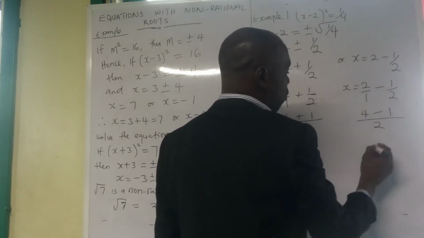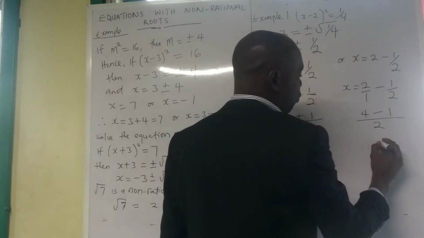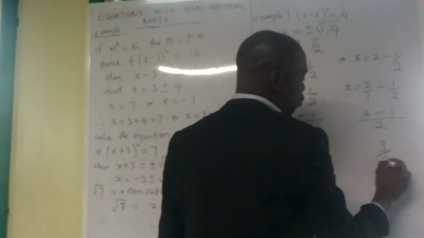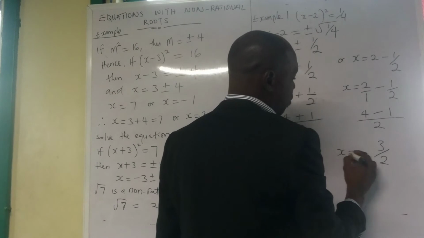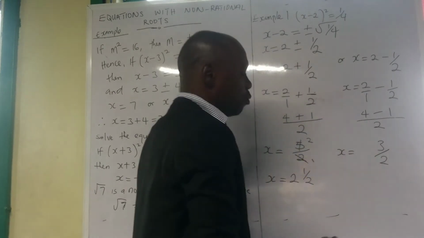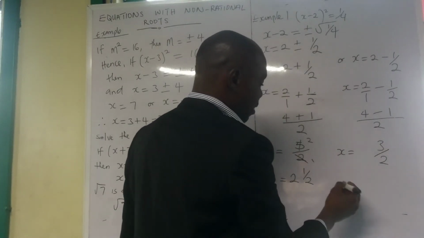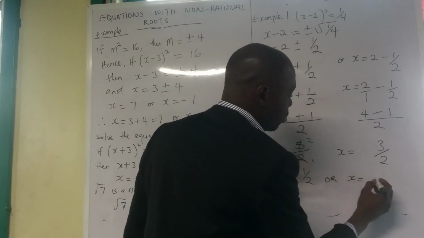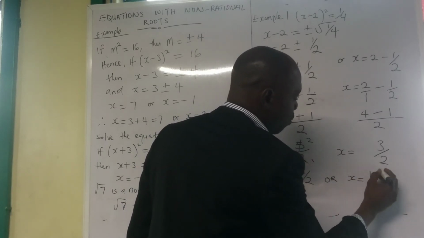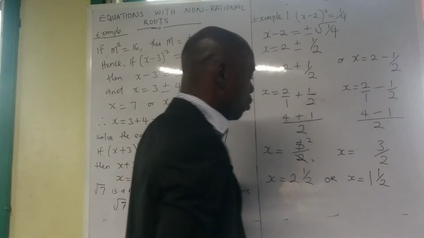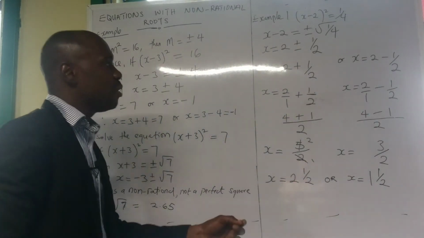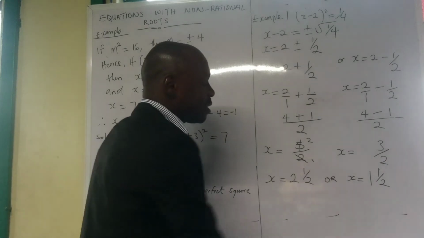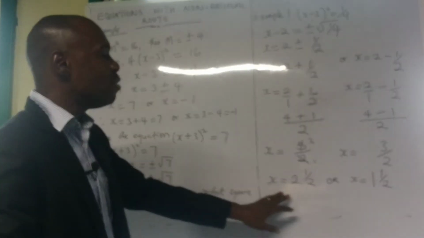So from here we have 3 over 2. That means x equals 3 over 2. Then it can still go further. That's what we now have here: x equals 1 whole number 1 over 2. So this is the answer that we have here, to show that our equation is under non-rational roots.